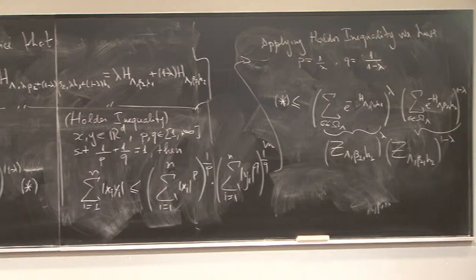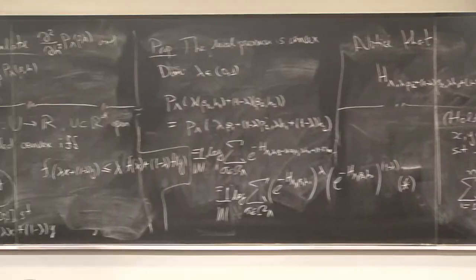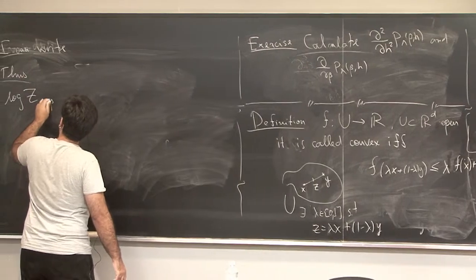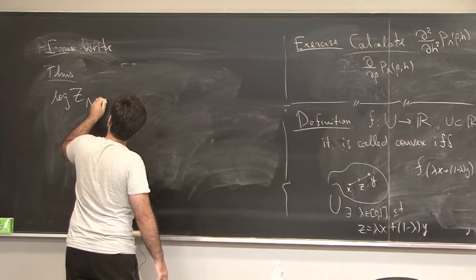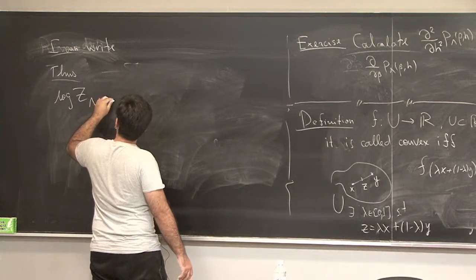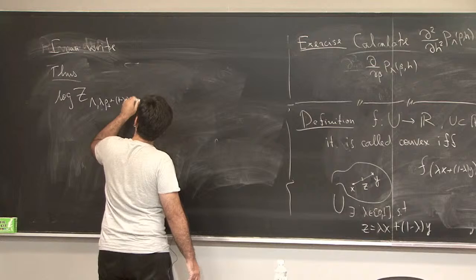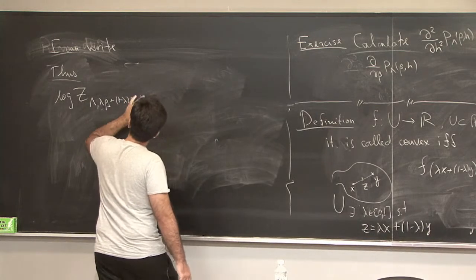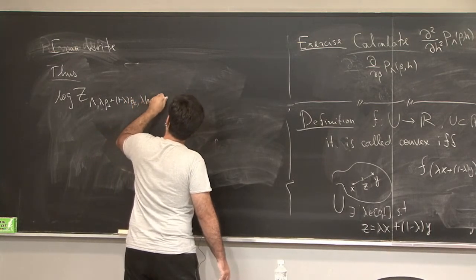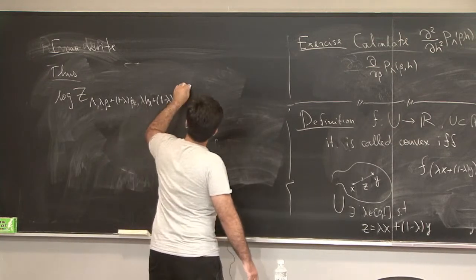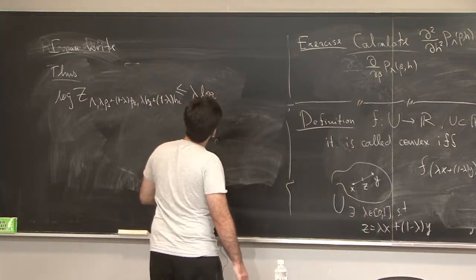That's the log of the partition function with respect to the convex combination, lambda beta 1 h1 plus 1 minus lambda beta 2 h2. And this will be less than the convex combination of the logs.